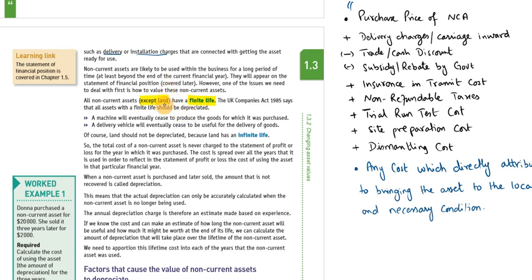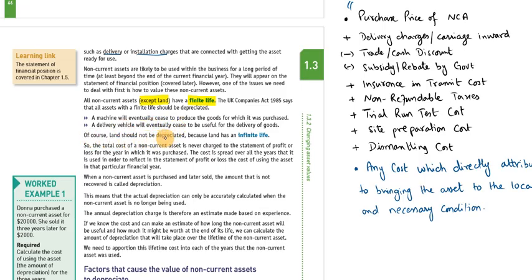Depreciate means with the consumption and usage of the asset, the value and the life of the asset will deteriorate. A machine will eventually cease to produce the goods for which it was purchased. A delivery vehicle will eventually cease to be useful for the delivery of goods when its life is fully completed.